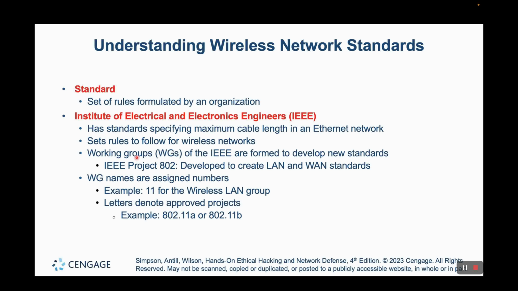They have a working group, part of IEEE, formed to design and develop new standards, for example, project 802, which was developed to create LAN and WAN standards. This working group assigns numbers like 11 for the wireless LAN group, as you see in this example, 802.11a or b, and we will talk about it more.